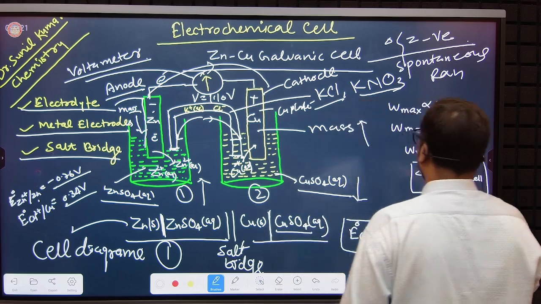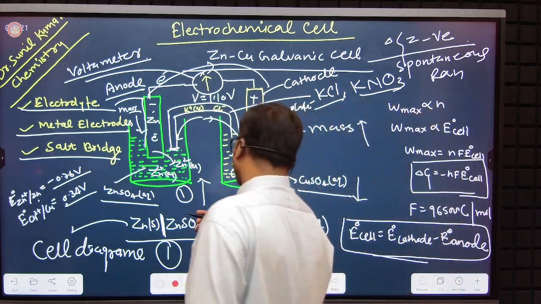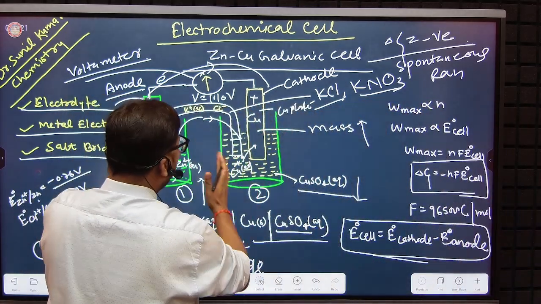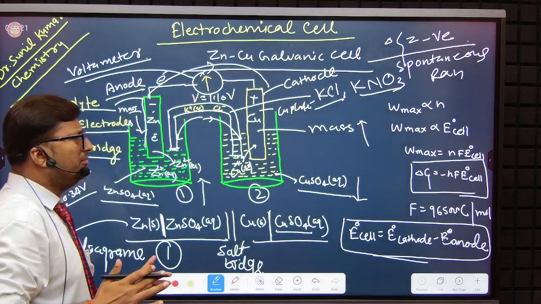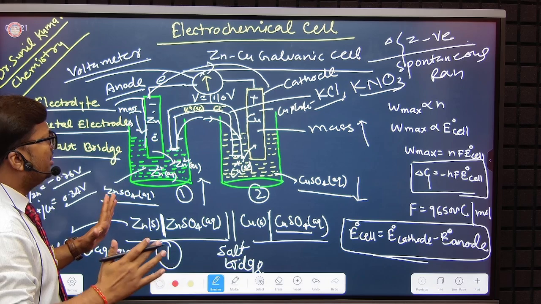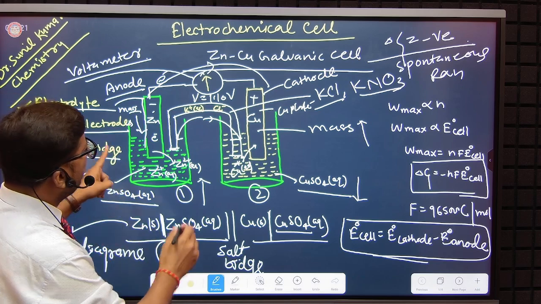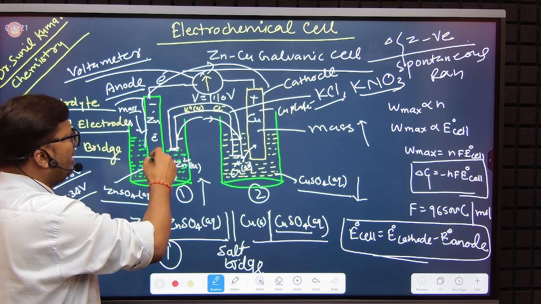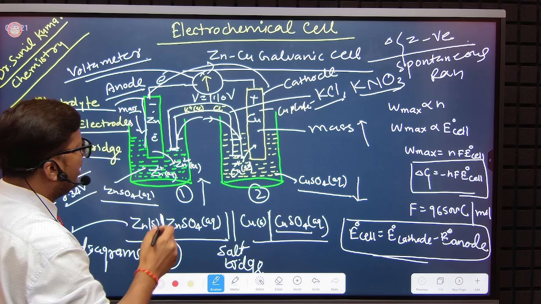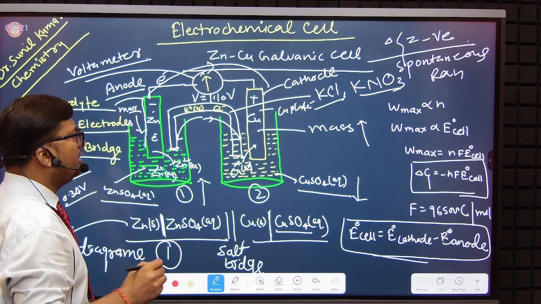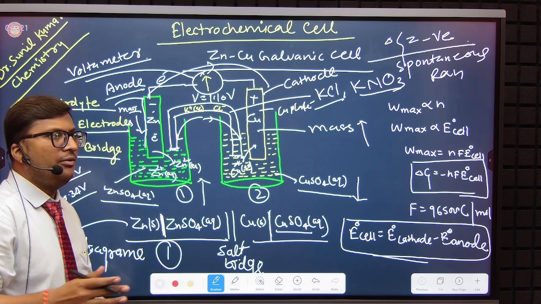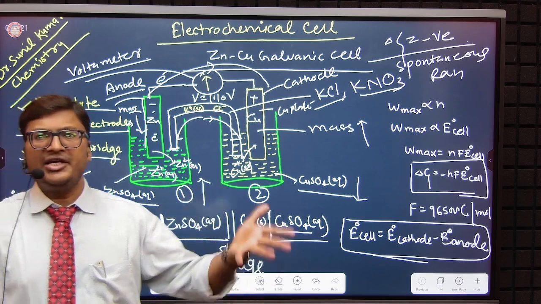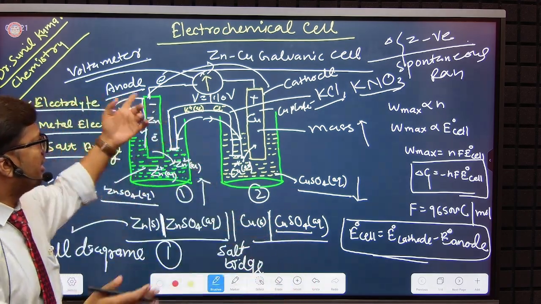Since chemical energy is converted into electrical energy, we are getting some electricity from the outer circuit, right?